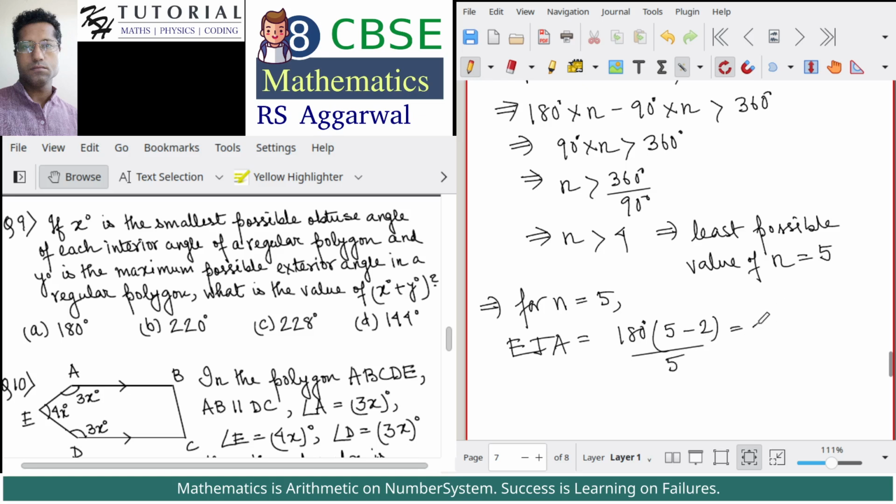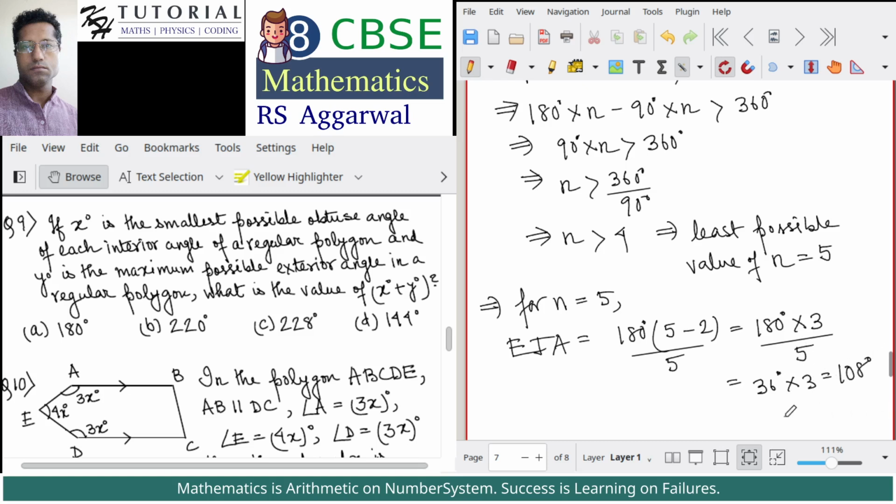This is 180 degree multiplied by 3 divided by 5. This is 36 degree multiplied by 3, which is 108 degree.